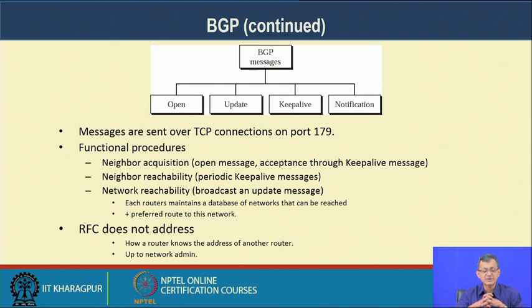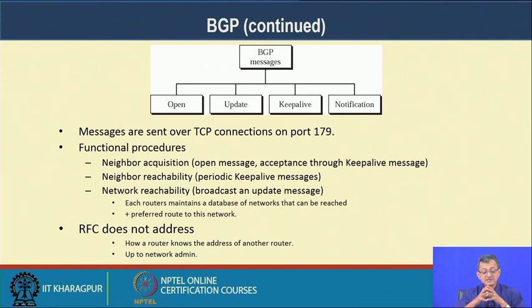Messages are typically sent over a TCP connection on port 179. The functional procedures are neighbor acquisition, through an open message and acceptance through keep alive messages; neighbor reachability, through periodic keep alive messages; and network reachability, using update messages.